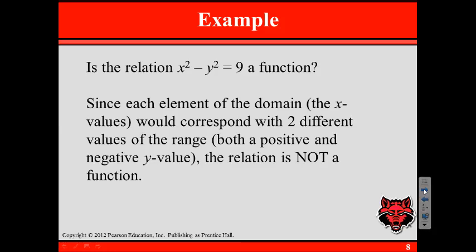In the second relation, we have x squared minus y squared equals 9. We want to know if this relation is a function. But because each element of the domain would correspond with two different values of the range, the relation is not a function.